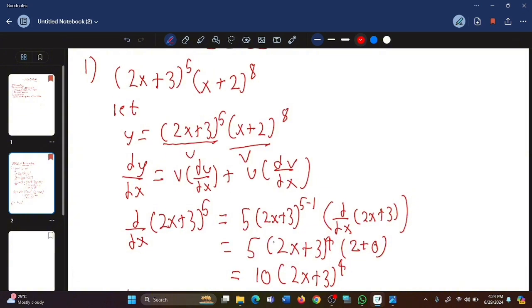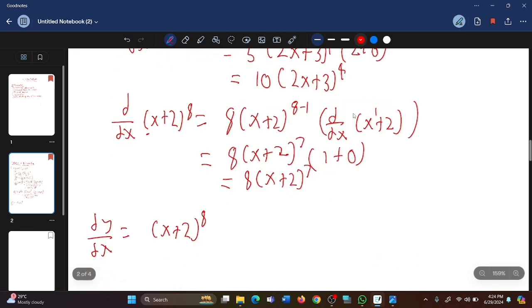So what is du/dx? This is du/dx, and this is dv/dx. After putting v, we put du/dx.